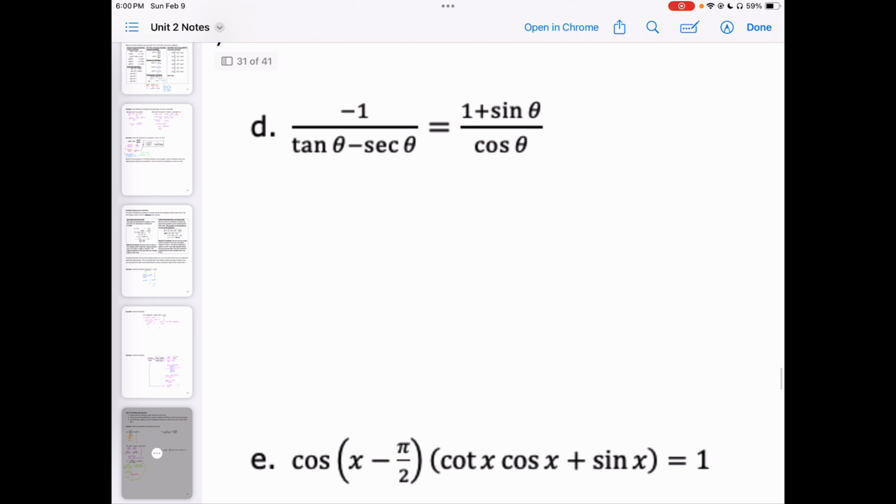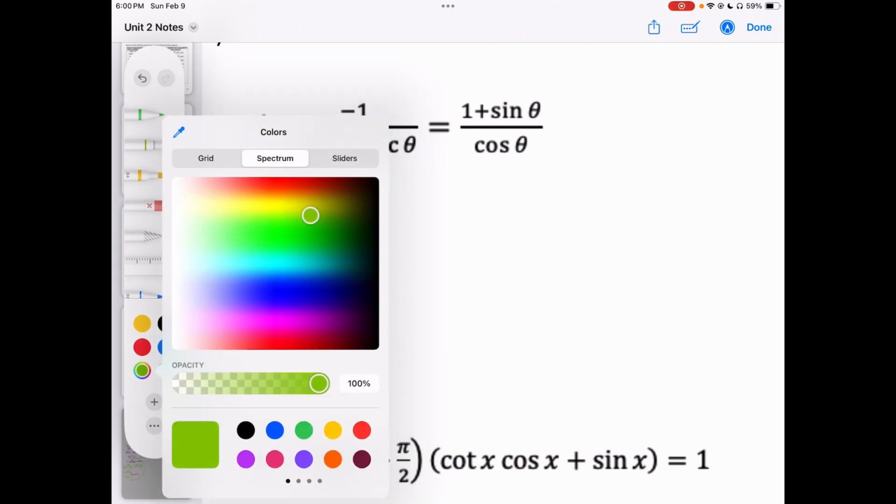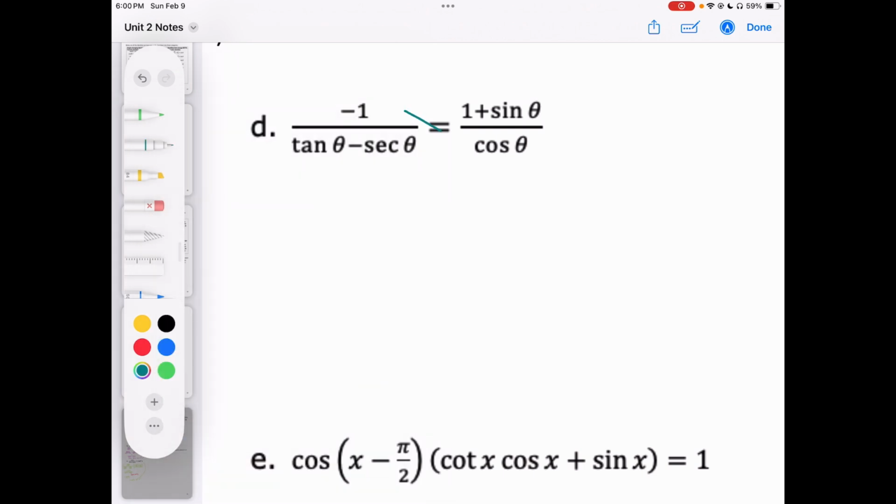Okay. Taking a look at D, this one really might not have a more complicated side, right? This one could be bad all around. So maybe something that you can do is cross multiply because you do have an equal sign between these. Okay, so maybe cross multiplication is the move for this one.